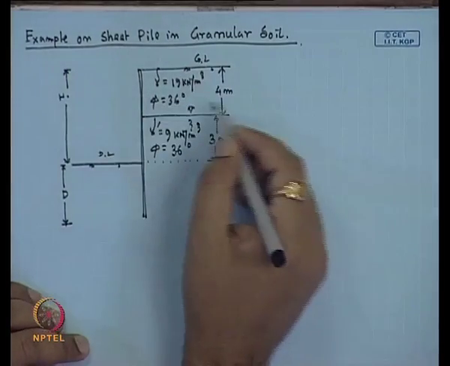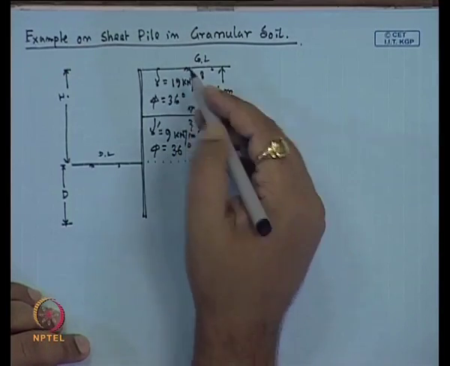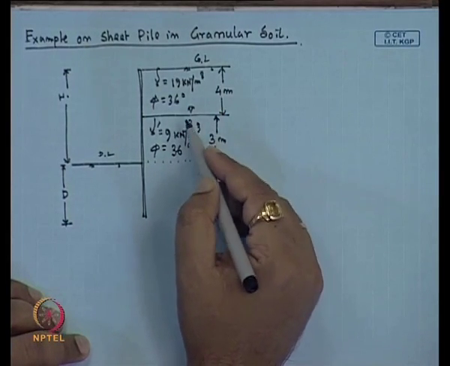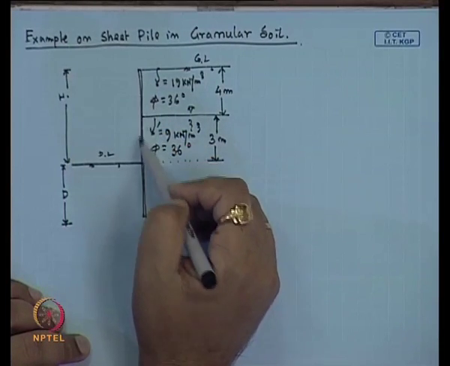So, here we have taken only homogeneous soil, but that can be layered soil. Depending upon the type of soil, you have to calculate the lateral earth pressure which is coming on the sheet pile.